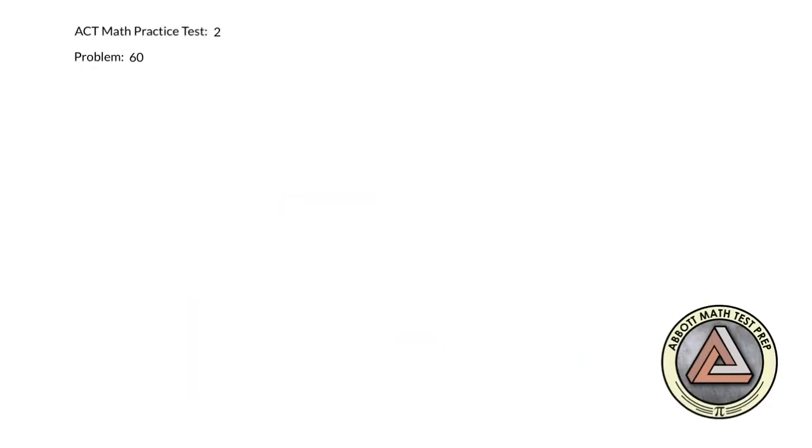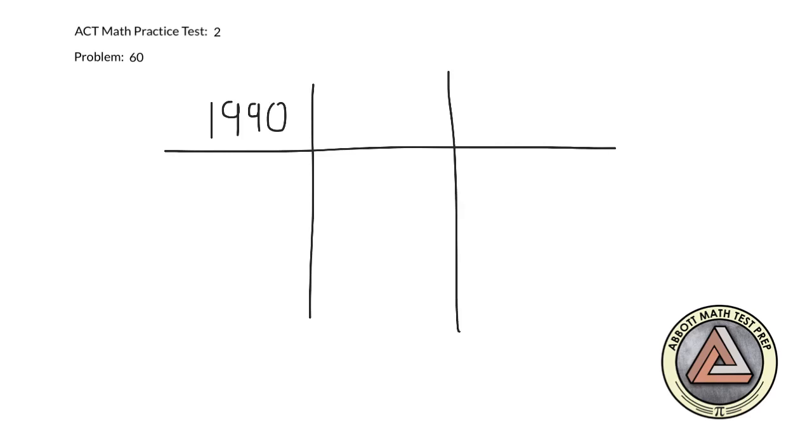So the final question in problem number 60 is, by what percent did her best long jump distance increase from 1990 to 1992? And this is clearly a percent increase problem, and you're going to have some awareness of percentages. Let's get clear that in 1990, Jennifer had a best long jump distance, and she also had one in 1991, and she also had one in 1992.